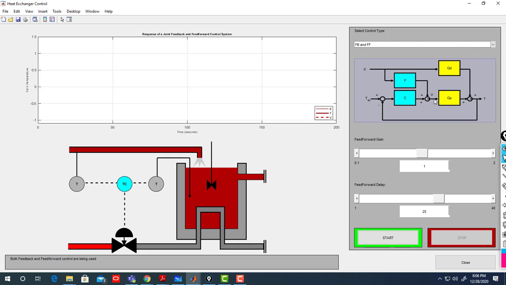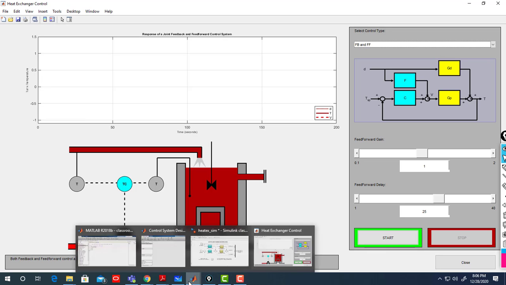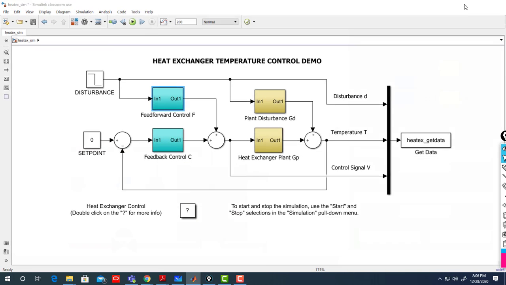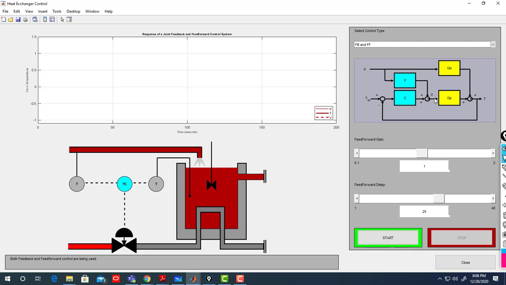Okay, and the set point, again we saw the set point is 0, right? Don't forget the voltage applied is here. So I'm looking at V, which is voltage applied. Basically it's your control effort. Temperature is the temperature you are controlling.